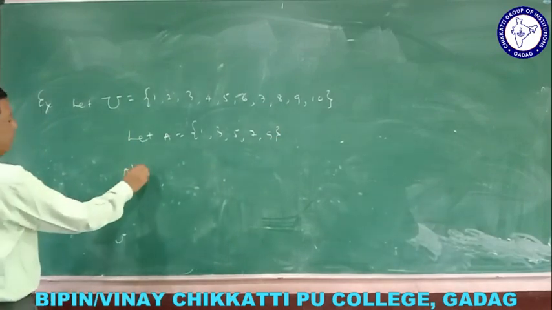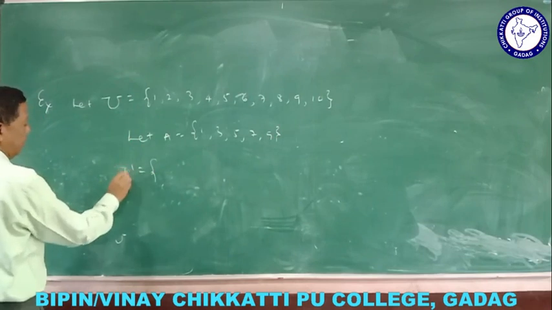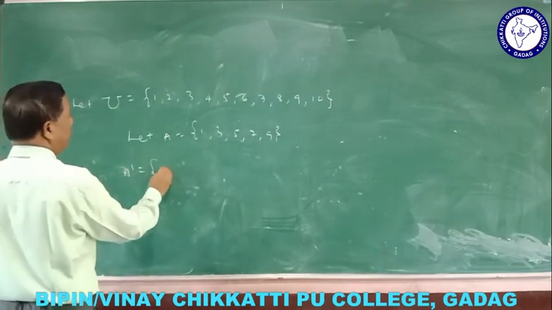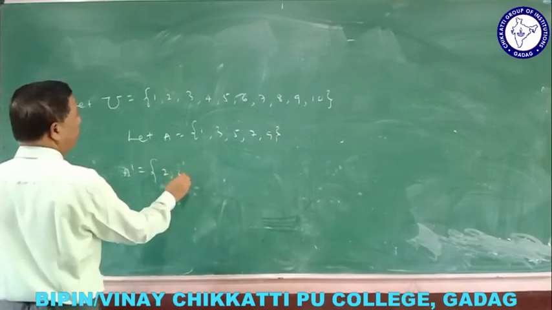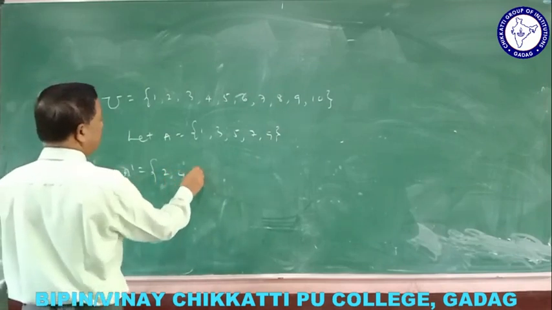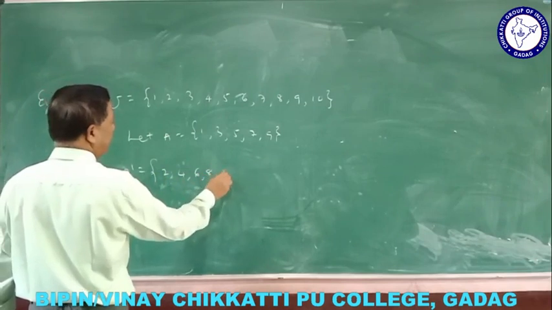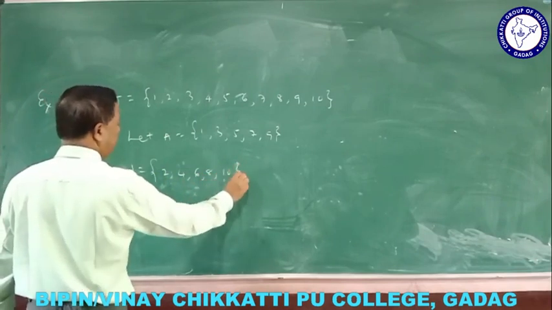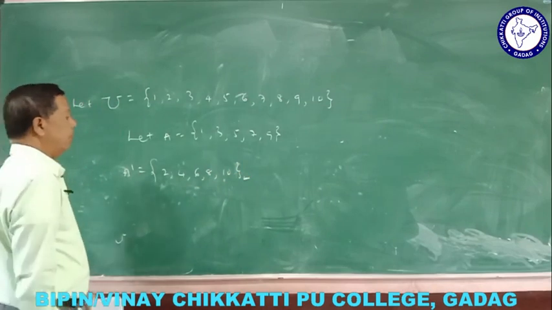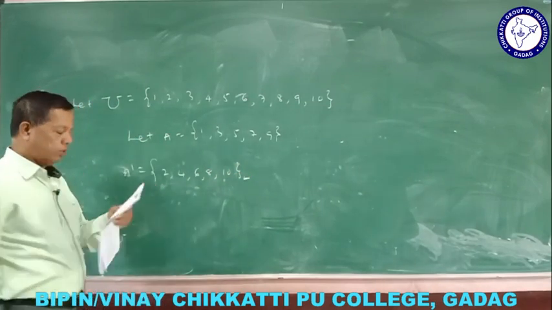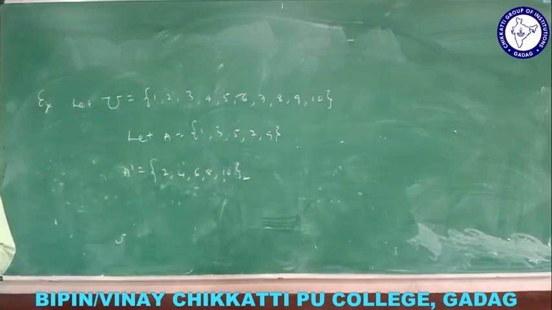A complementation means excluding A you have to write: 2, 4, 6, 8, 10. So this is the complementation of this. The elements which belong to U but not in A, that is called the complementation, you can say.